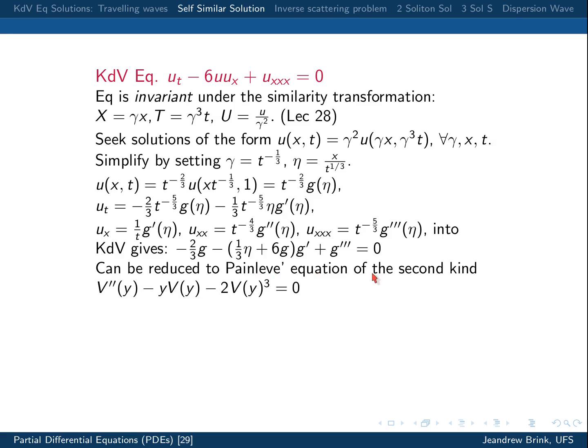What it basically means is there's another equation that's entirely equivalent to this reduced, or self-similar, KdV equation that has this form. You have y, which is just a rescaled version of eta, and you have v that has some relation to g. And then you have this. This equation is known as the Painlevé equation of the second kind, and it's a very special type of equation.